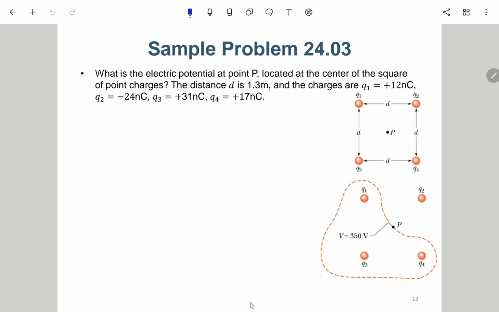Okay, so here we have a sample problem. So it says what is the electric potential at point P located at the center of a square of point charges? The distance D is 1.3 meter. Okay, this is a square, and the charges are Q1, Q2, Q3, and Q4.